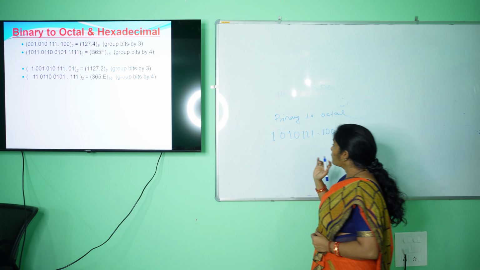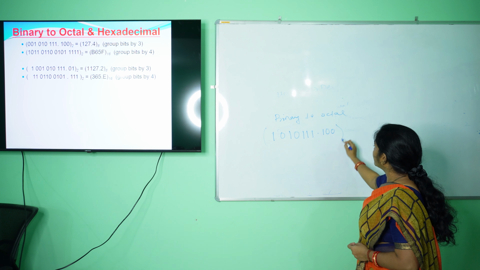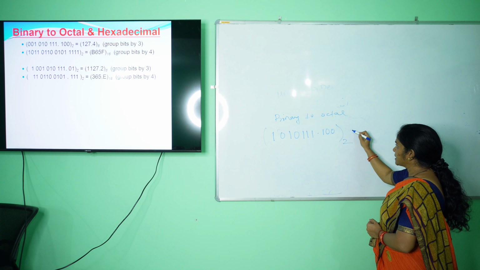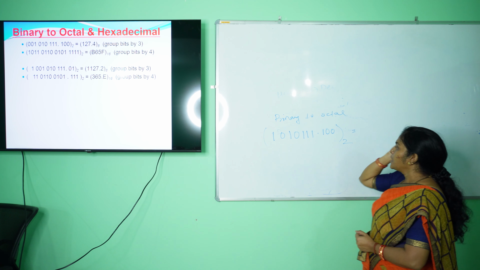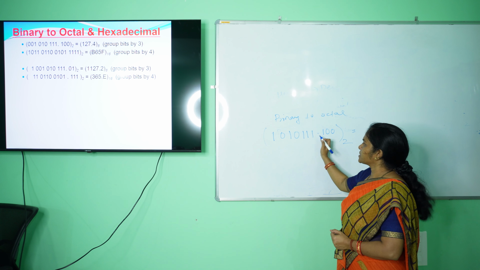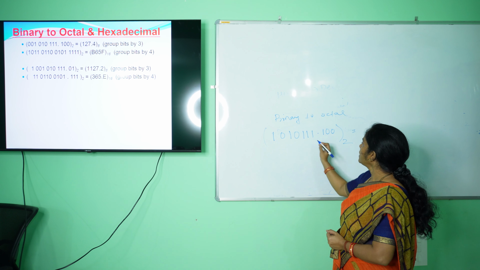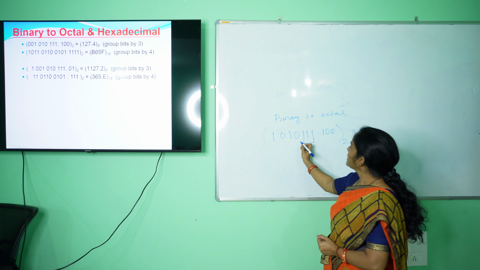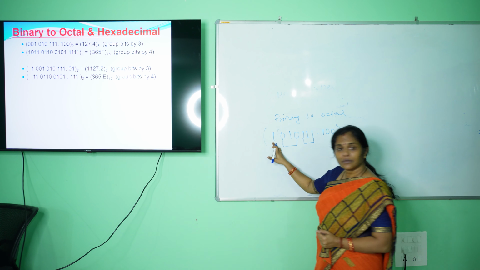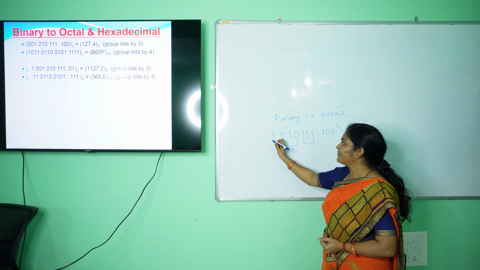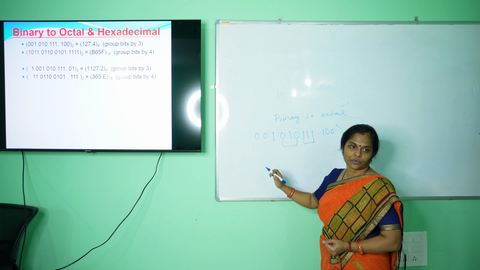Point 1 0 0. Whenever you want to convert binary to octal, the procedure is you have to start from the 0 position and group these bits by 3. First you take 3 at a time, then 3 at a time. Now only 1 is left, so I will just add zeros to it.